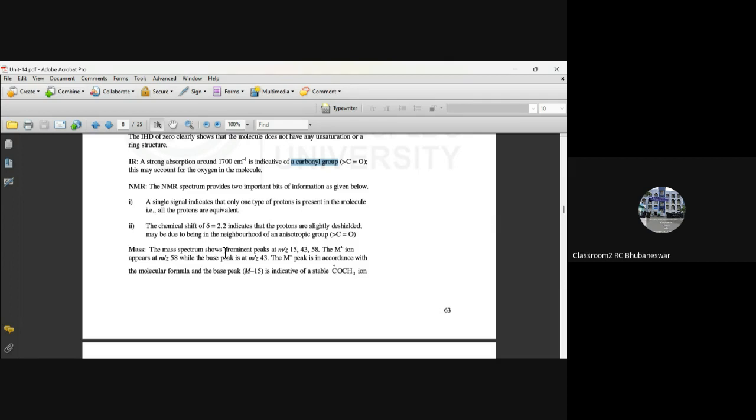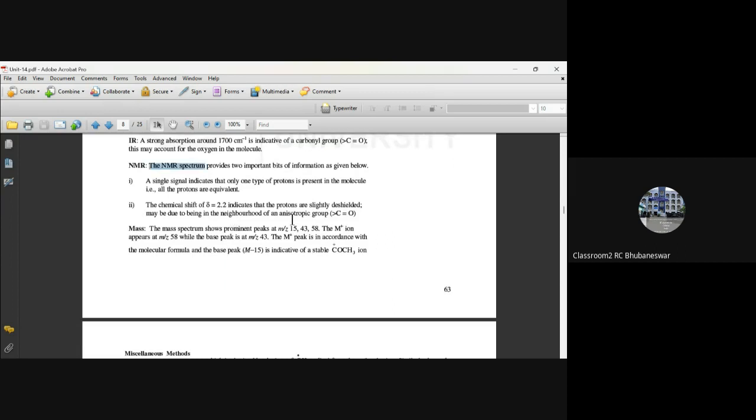Then the NMR spectrum provides two important pieces of information. We saw a single signal at a chemical shift of around 2.